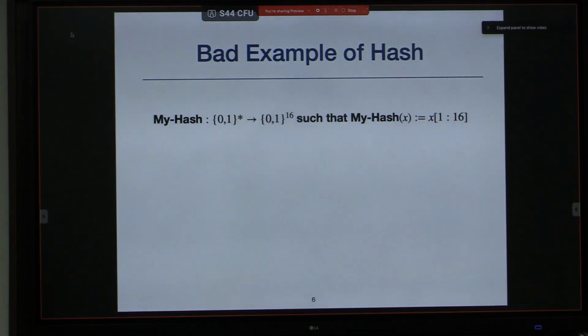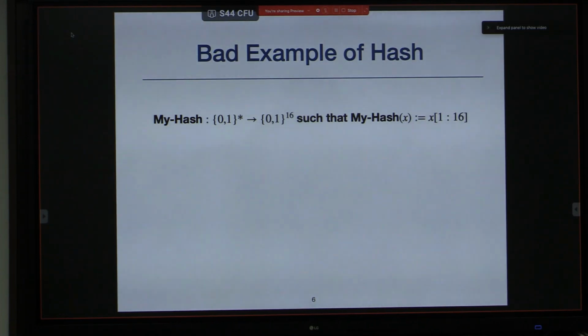So the definition I gave initially was that these functions just take inputs of arbitrary length and output fixed length strings, but that is not sufficient. There are more properties required, because if that was the only requirement, that's very easy to get. I can define a hash function that just truncates and takes the first 16 bits.